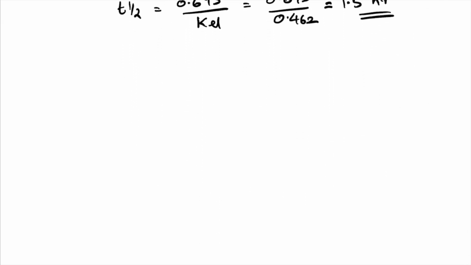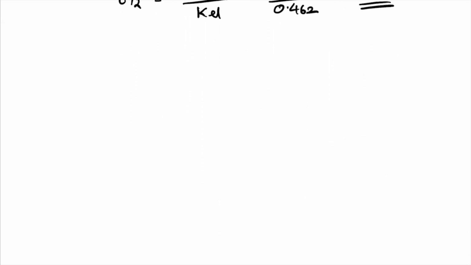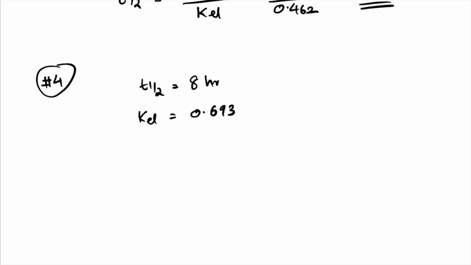Then there's sample problem number 4. For this example, half-life is given as 8 hours. So then you can immediately calculate the KEL from this information, 0.693 divided by 8.